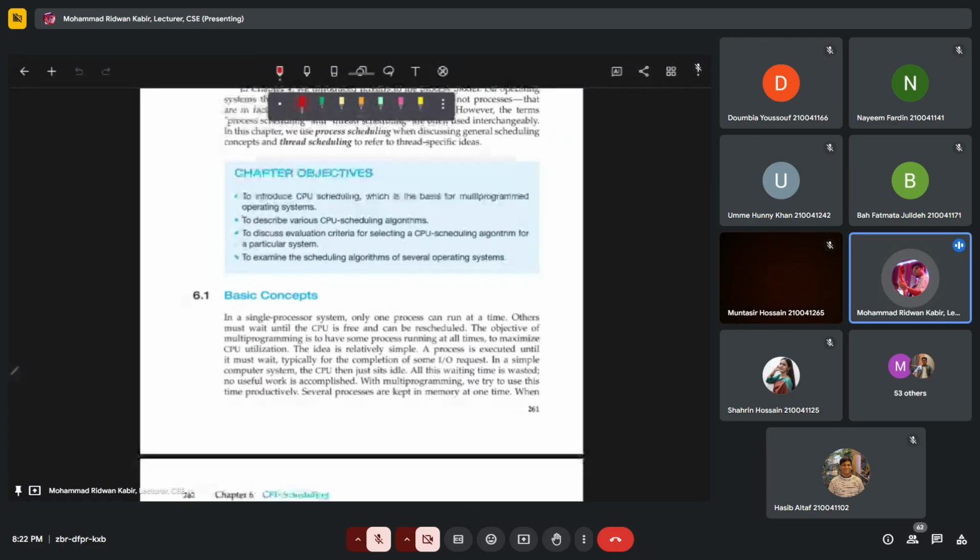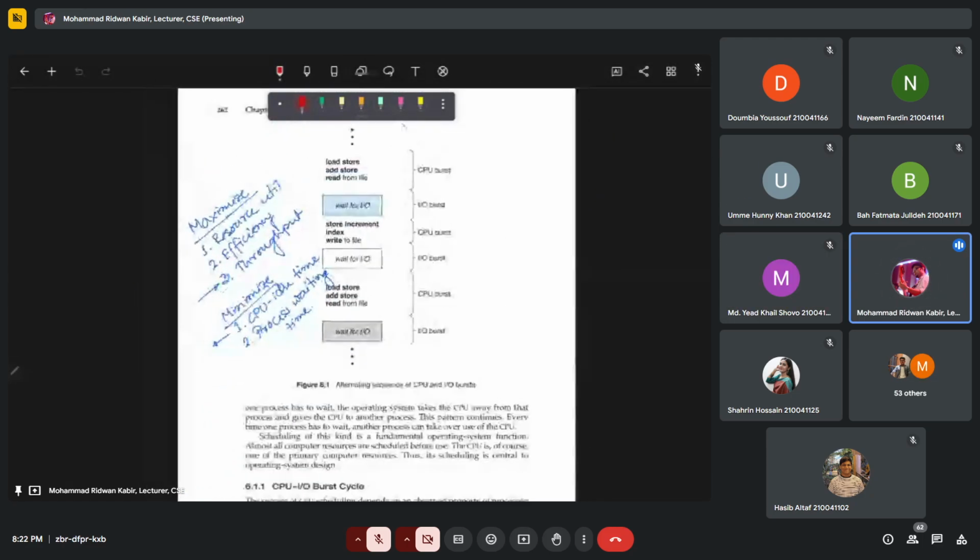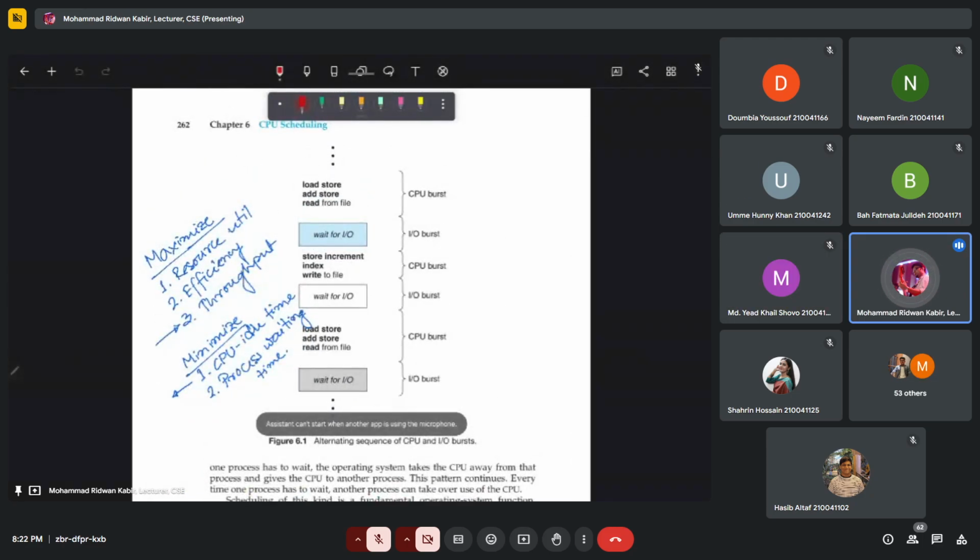So, first of all, the basic concepts that we have already covered so far fall under the purpose of the CPU and how we want to ensure its efficiency or optimize our usage, right? And CPU scheduling contributes to that area of CPU utilization.